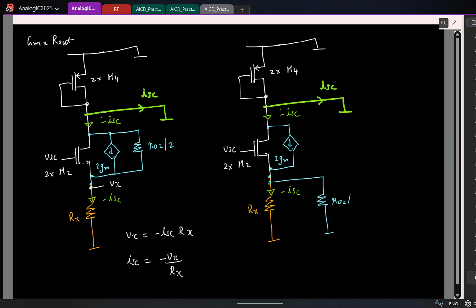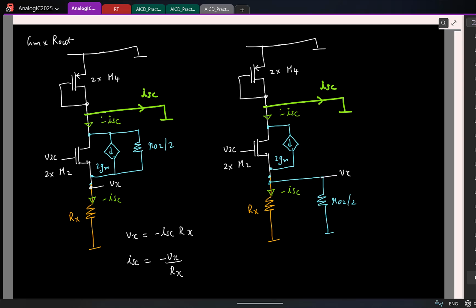This is R02 by 2, and this is Vx. Right. Now I'll remove the gm. I assume that it is all there inside. We'll not draw this.